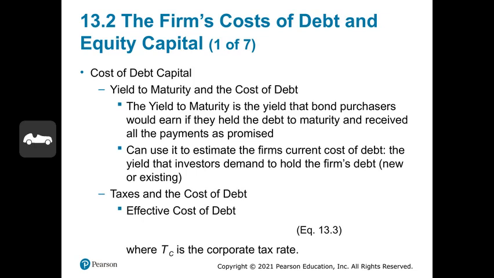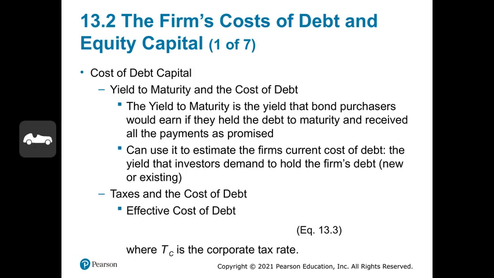So we're going to use yield to maturity, and that is the yield that the bond purchasers would earn if they held the debt to maturity and received all the payments as promised. So for our bonds, like we saw in previous chapters, that would be all the interest payments, and then the payment of the principal amount at the end.